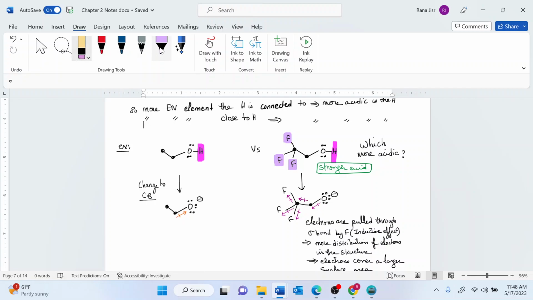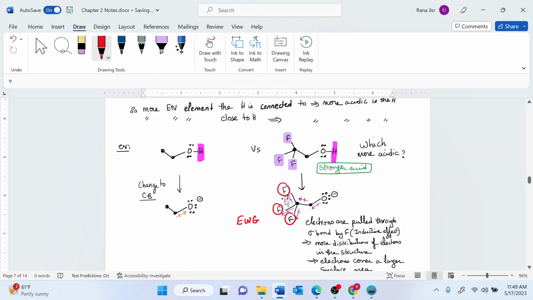Now, all of these electronegative elements that you see over here, because of the difference in electronegativity between the fluorine and the carbon, we call them electron withdrawing groups. These electron withdrawing groups withdraw electrons.